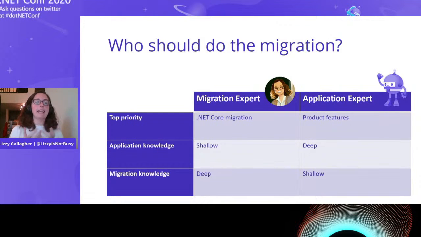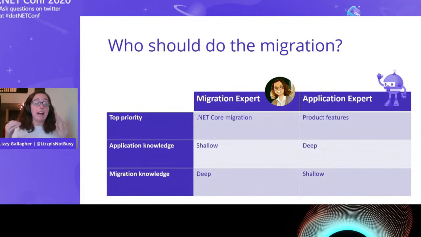Because having dedicated migration experts gets you a lot of bang for your buck, because there are a lot of similarities between one .NET application and the next. But even though they're very similar, there are differences. And so it's really great to have these application experts being able to close the gap and go that last mile of the things that aren't necessarily standard.